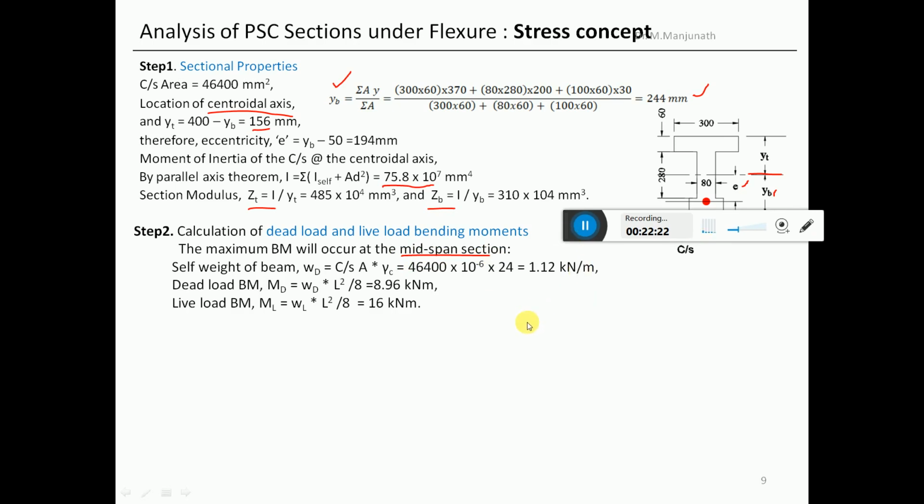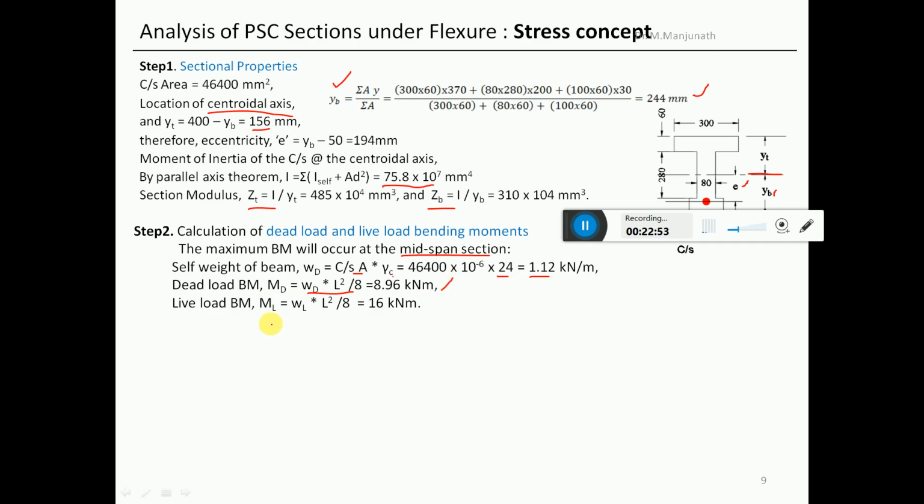To calculate the dead load moment, we need the self weight of the beam. So the self weight of the beam is given by cross-sectional area into density. The density of concrete is assumed as 24. That gives the self weight as 1.12 kilonewton per meter, and the bending moment is given by WL square by 8.